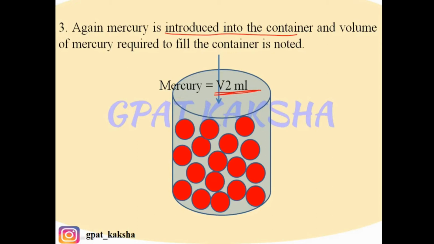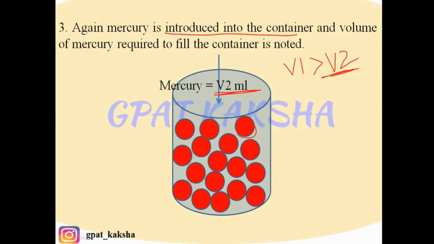So V1 will be greater than V2, means the volume of mercury required to fill the empty container will be greater than the volume of mercury required to fill the container along with the powder sample, because the powder particles as well as the intraparticle spaces occupy some volume.